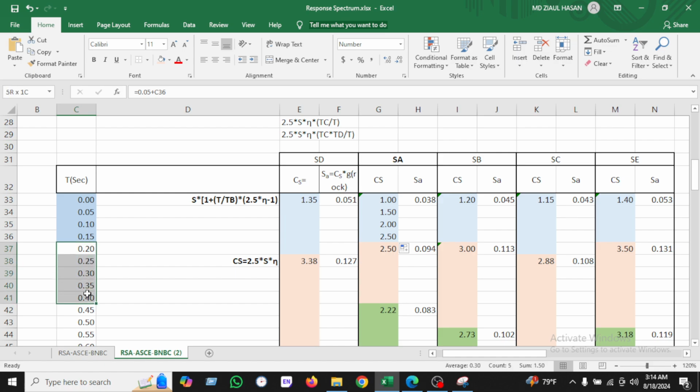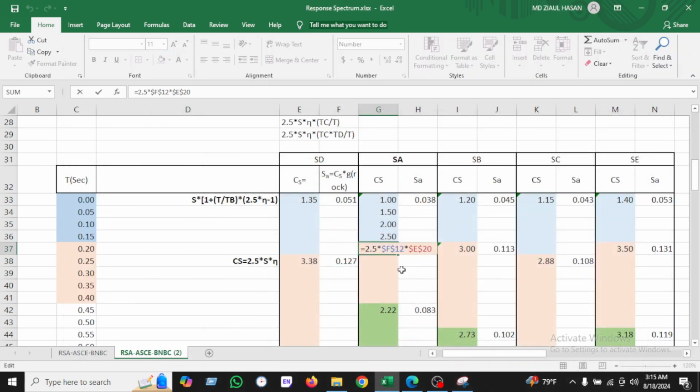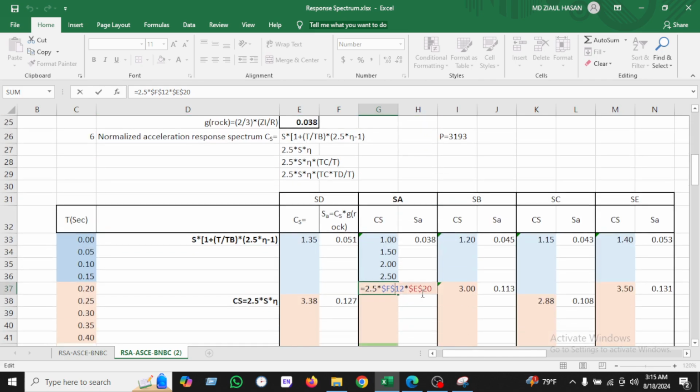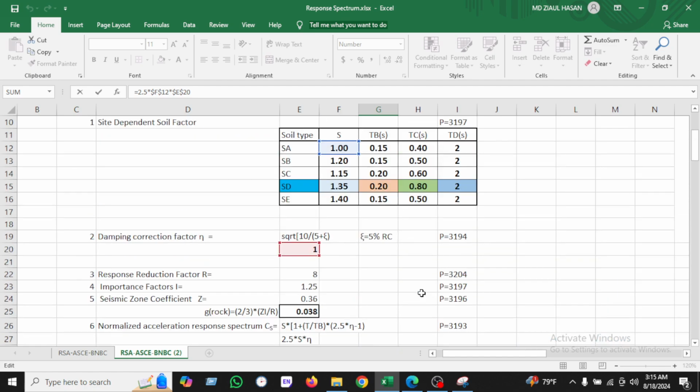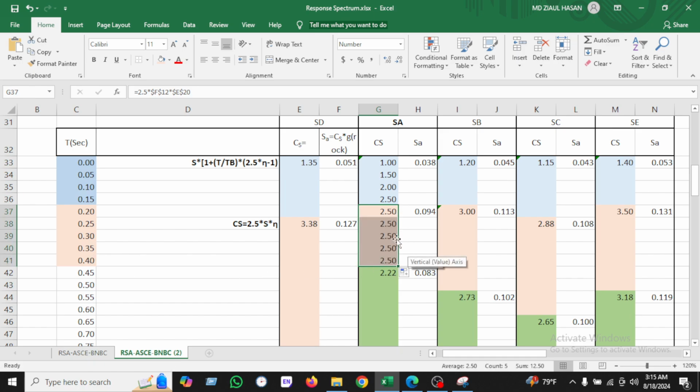Here 2.5 into S, where S is cell number F12, into eta, which is cell number E20. Pressing enter, I found 2.40, and dragging this formula up to 0.40, this is the second formula we have used.